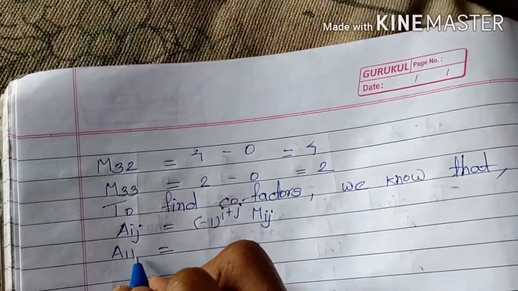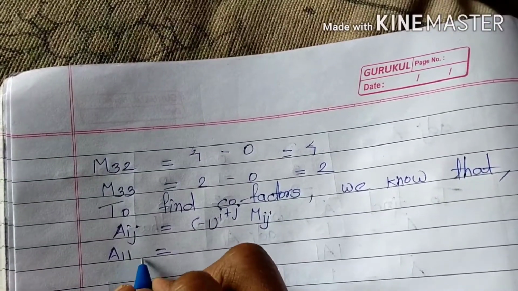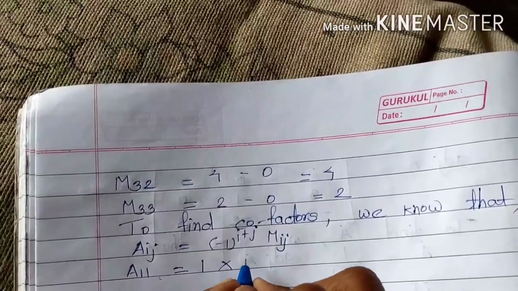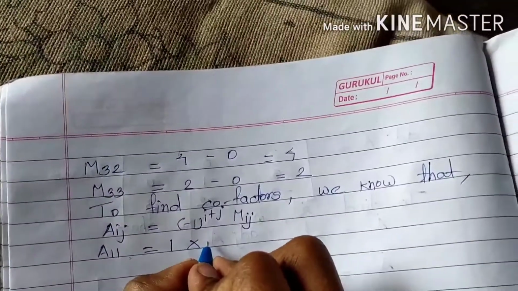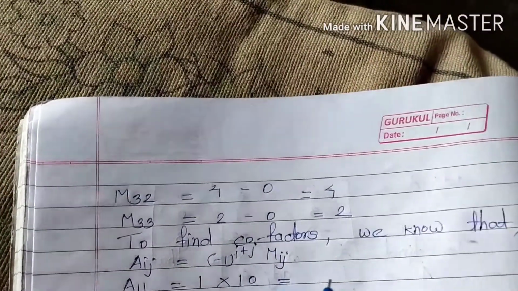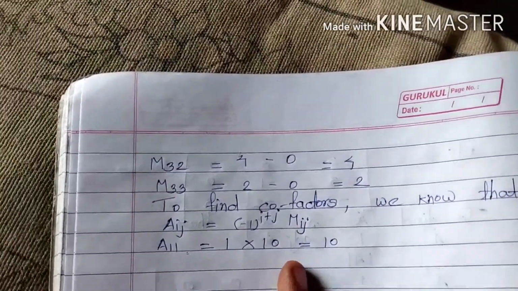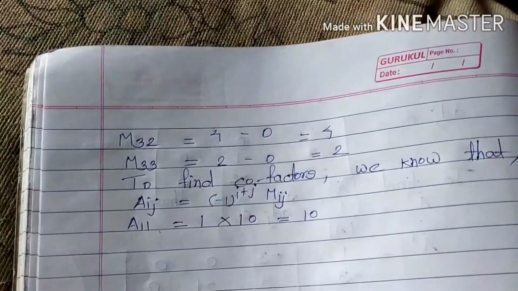A11 is equal to, now add 1 plus 1, which is 2. 2 is even, that's why 1. So 1 into M11, M11 is 10, and here the answer is 10. So you can find A11 directly instead of using the long procedure.